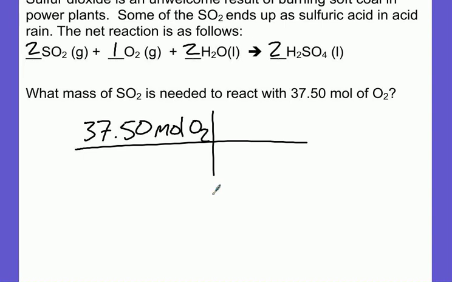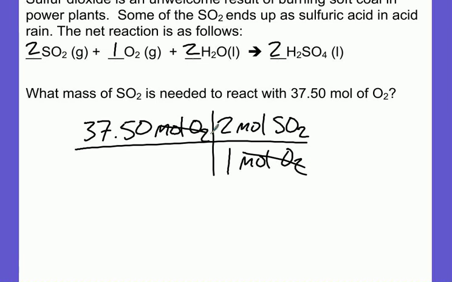I want to know about the sulfur dioxide, so I have to do a ratio with sulfur dioxide. And that's a 2 to 1 ratio. So I can get this moles of oxygen to cancel out. And then I'll do one more step, because I need to multiply by a mass.